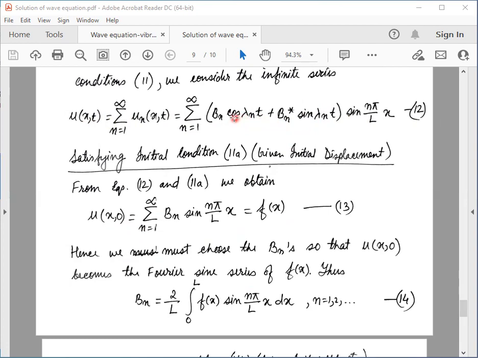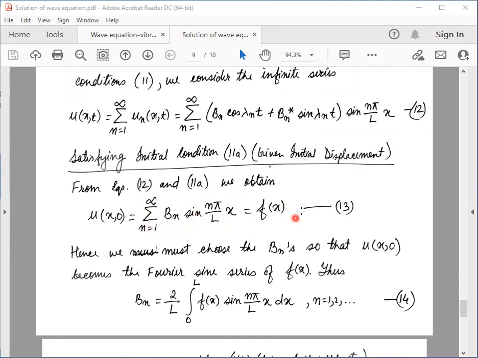Cos 0 is 1, so what remains is only b n sin(n pi x by L). This is equal to f of x. So summation over b n sin(n pi x by L) equals f of x. This is what we obtain by using the first initial condition.